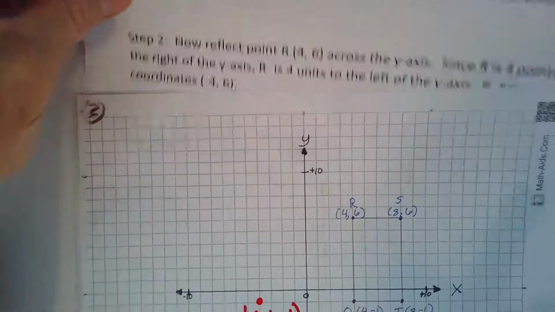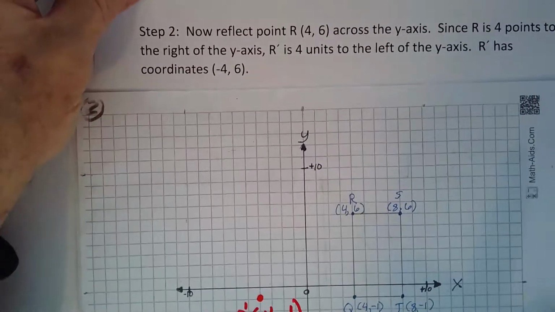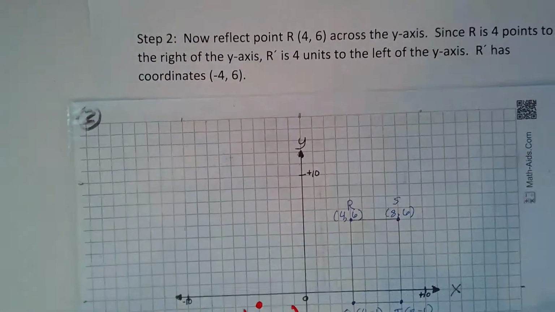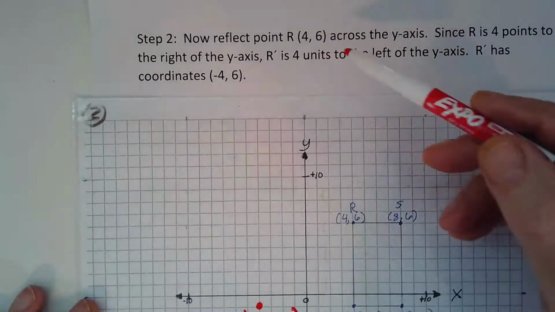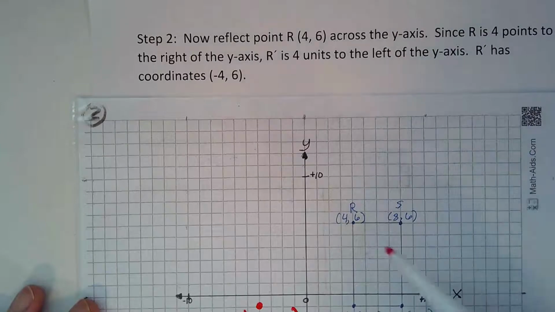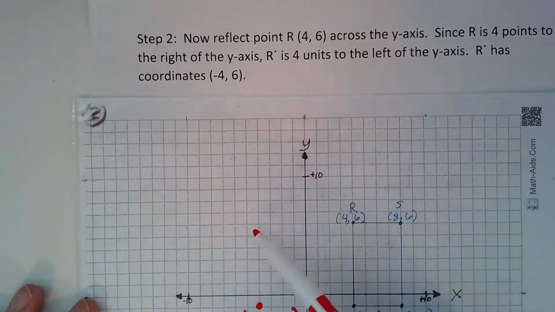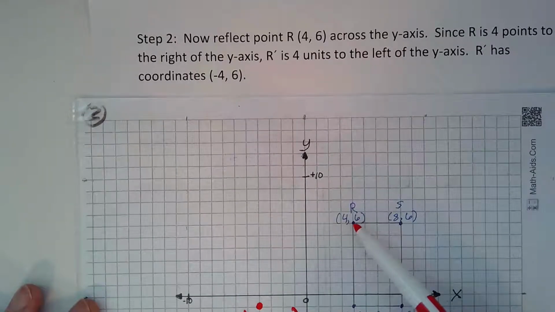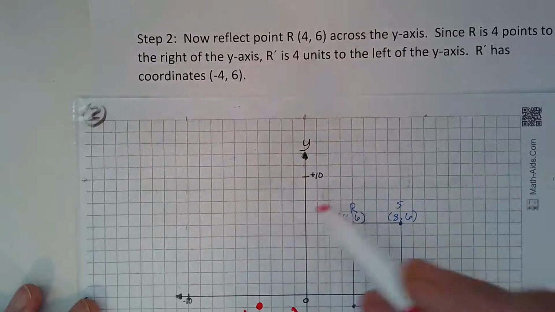Step 2. So step 2, bringing this up, says you're going to reflect R, which is at 4, 6. So here's R at 4, 6, across the y-axis over to here. So again, R is 4 units to the right of the y-axis. We want to go 4 units to the left.